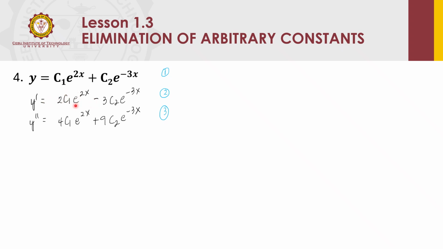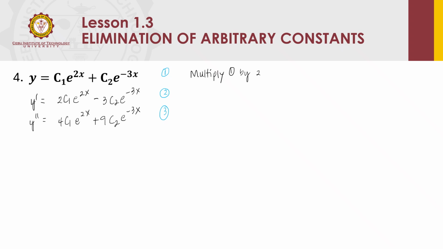Or you can also perform addition, so you need to have the first term with negative 2 C1 e to the 2x. And then we can cancel the C1 terms. Okay. So it's either a subtraction or addition. Either way, we eliminate an arbitrary constant. Okay. So supposing we are multiplying equation 1 by 2.